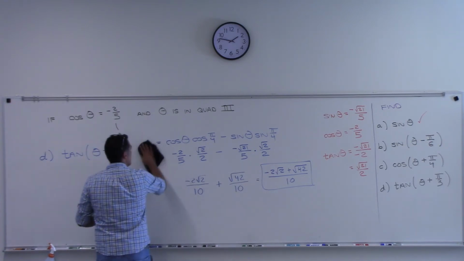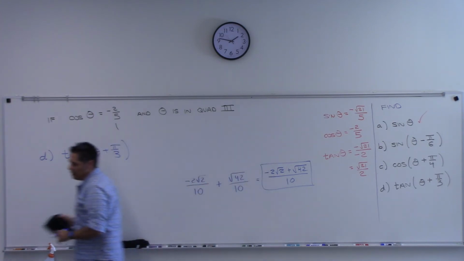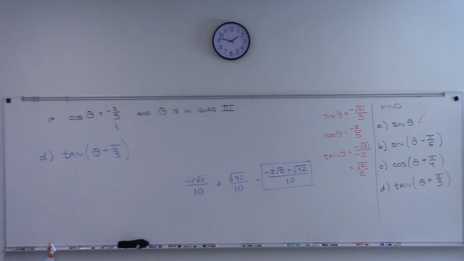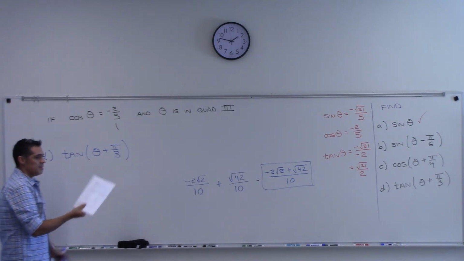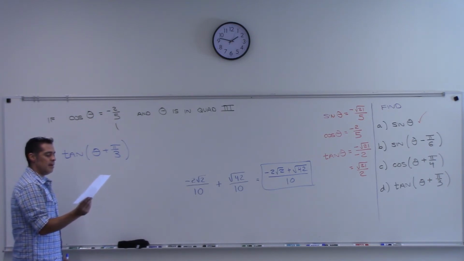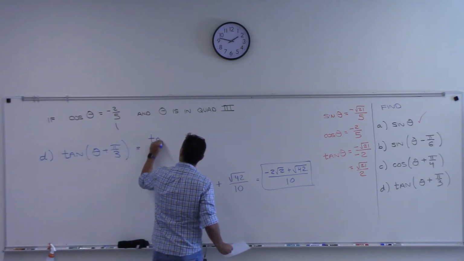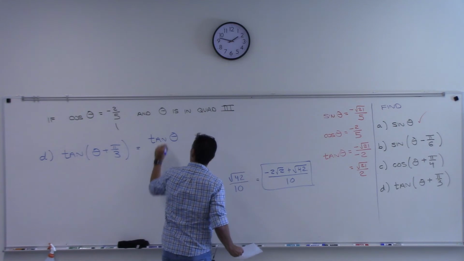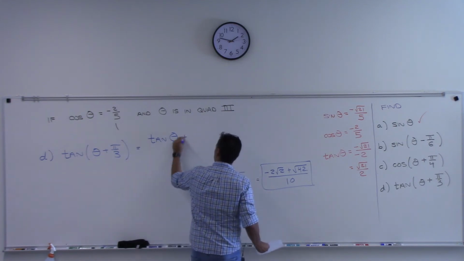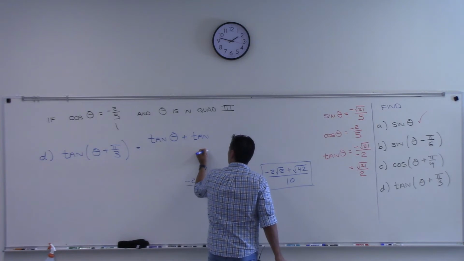So I'm going to use my formula, right? And I'm using the one with plus in there. So this says tangent alpha plus tangent beta, right? So we go tangent, alpha for us is theta, and then plus tangent of what?